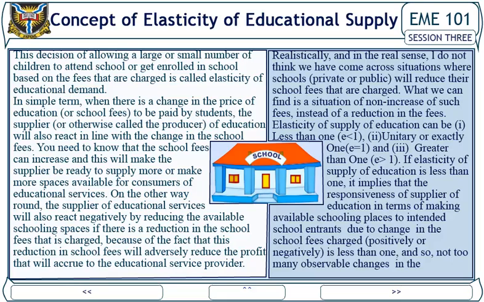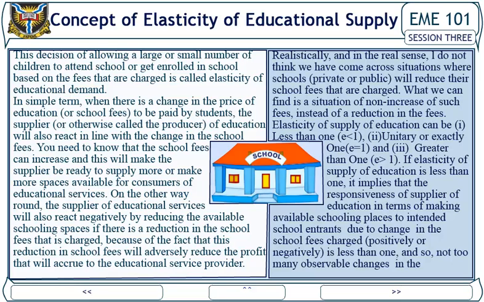In simple terms, when there is a change in the price of education or school fees to be paid by students, the supplier, or otherwise called the producer, of education will also react in line with the change in the school fees. You need to know that the school fees can increase, and this will make the supplier be ready to supply more or make more spaces available for consumers of educational services.